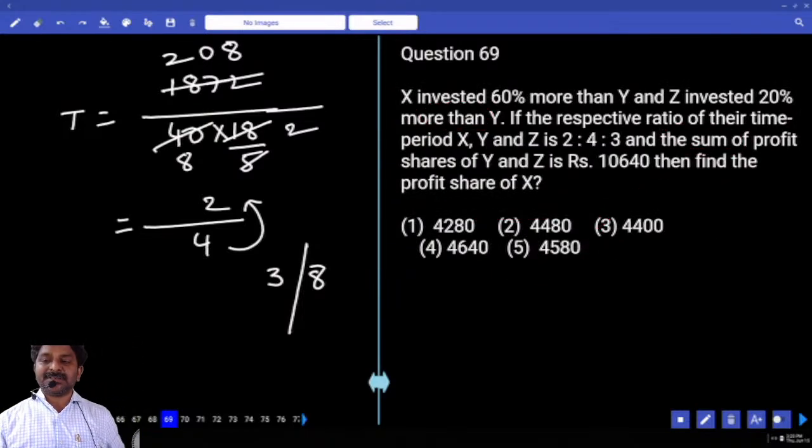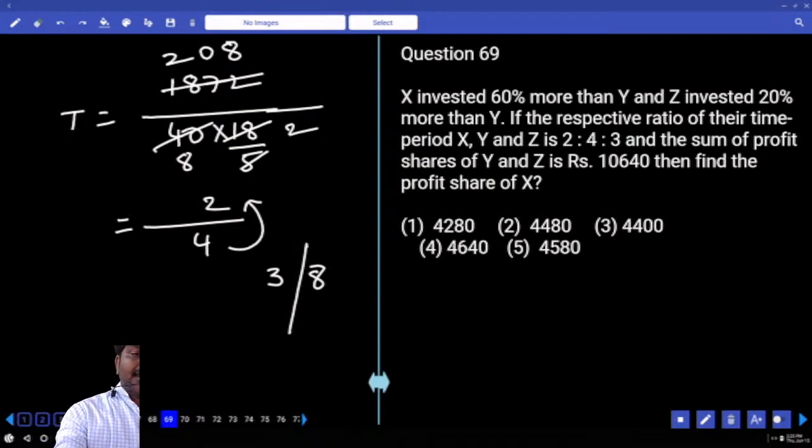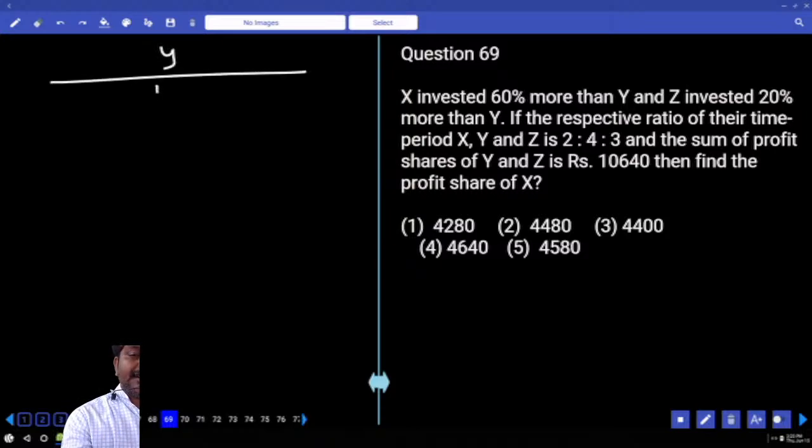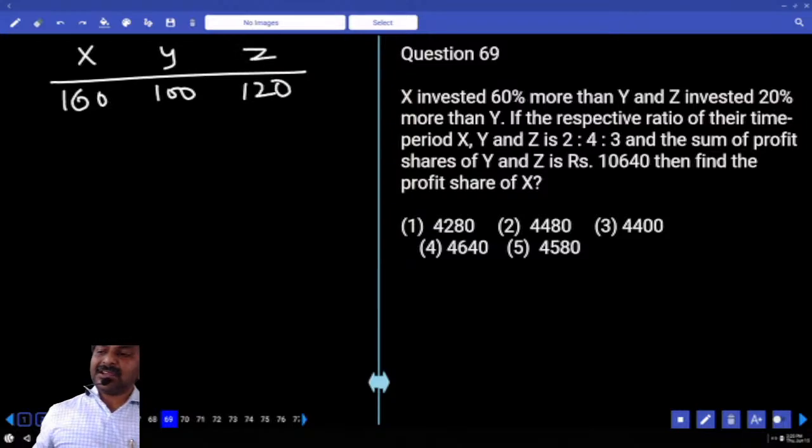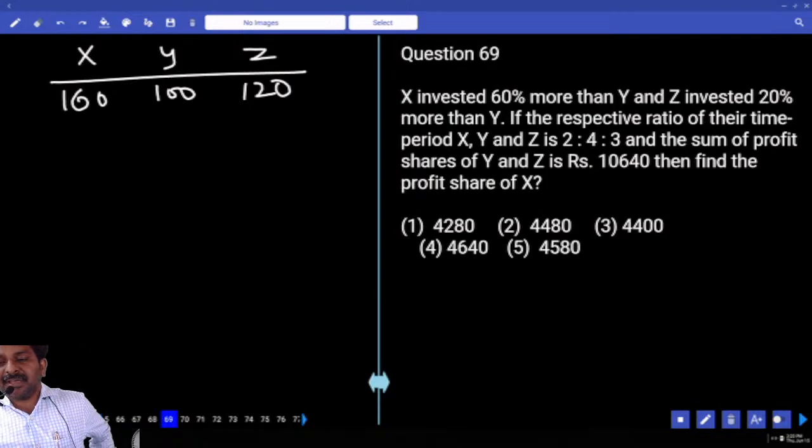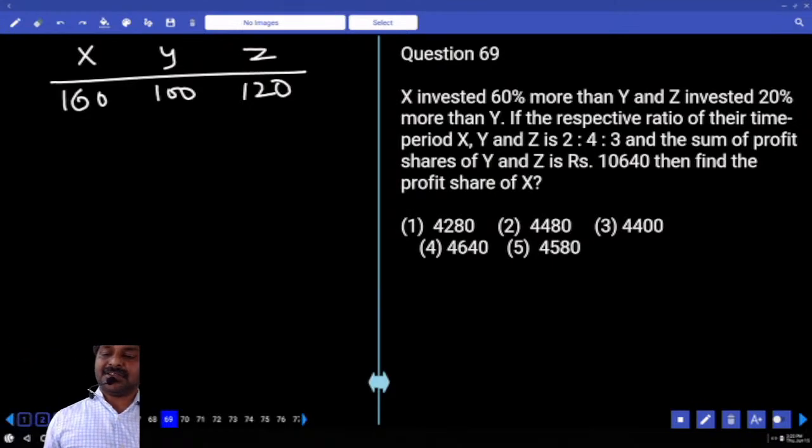X invested 60% more than Y. Z invested 20% more than Y. So if Y's investment is 100, X will invest 160, Z will invest 120. If the respective ratio of the time periods of X, Y, Z is 2:4:3 and the sum of the profit shares of Y and Z is 10,640, then find the share of X. So now investments are in the ratio 8:5:6, after cancellation with 20.